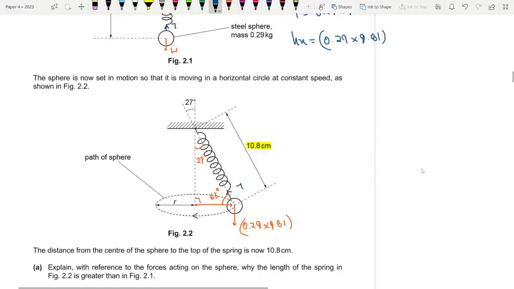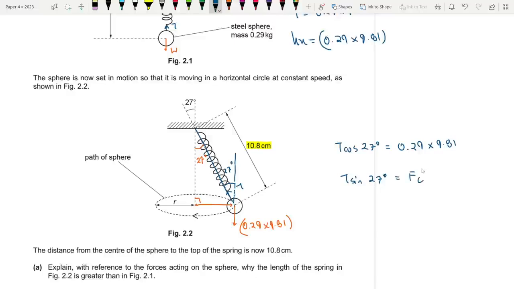You could also do it this way. According to geometry, alternate angles, this one is 27 degrees, right? So let's just use the same angle. Okay. So we can actually say now that there are two components of T. T cos 27 degrees is actually balancing the weight. At the same time, T sine 27 degrees is actually providing the centripetal force. It is the force towards the center. Okay.